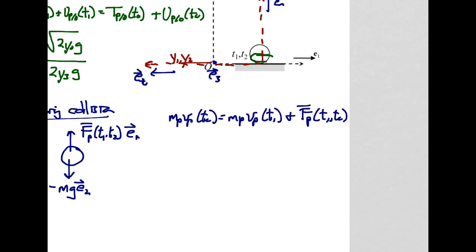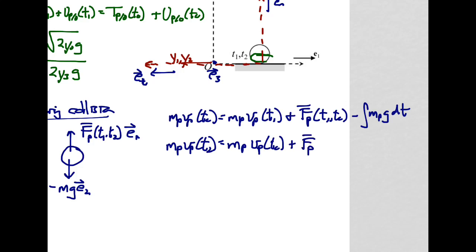And then we need to add in our effect of gravity, which is in the negative e direction. And so we're only in the line of impact. The integral of the force due to gravity, mg dt. And then from time c to time 2, we get mp, the velocity of p at time 2, is equal to the mass of P, Vp at time c, plus the impulse from Tc to T2, and then minus the same integral mpg dt.